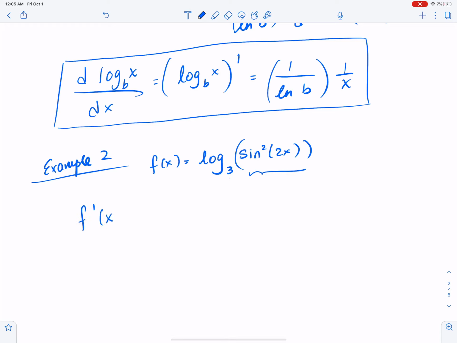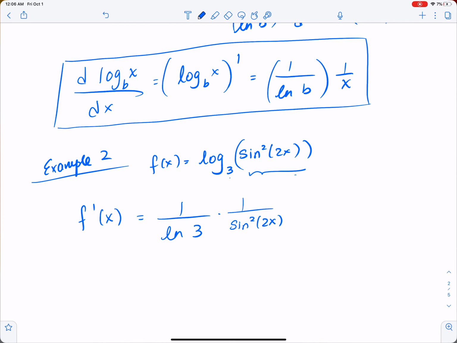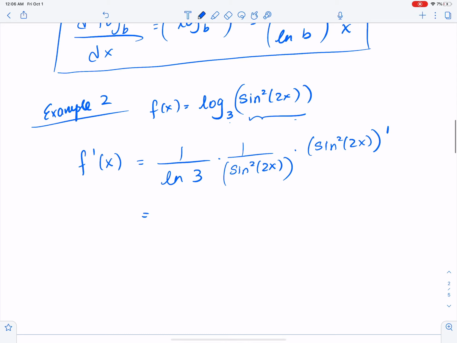So the formula says you should have 1 over log 3, times 1 over whatever you're taking the log of. If it's x, it's just 1 over x. But it wasn't just x, it's a function in x. So we need to multiply by the derivative of that. So keep going.